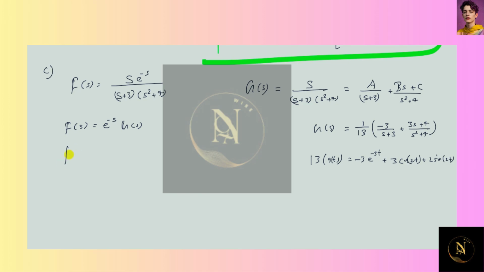So we can write f(t) is equal to g(t-1) u(t-1). So f(t) is equal to 1/13 times [minus 3e^(-3(t-1)) plus 3 cos 2(t-1) plus 2 sin 2(t-1)] multiplied with u(t-1). So this is the answer for part C.